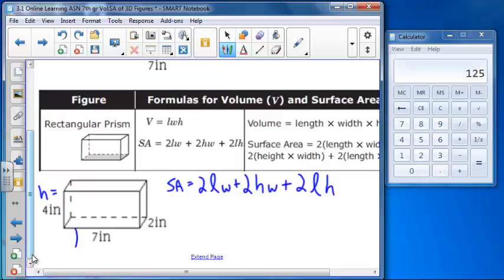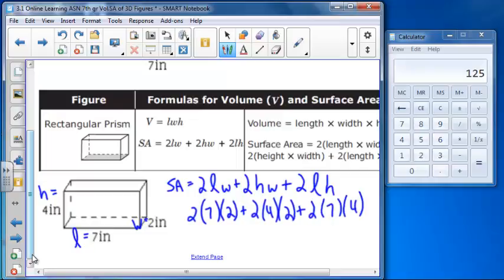So we'll say the height here equals 4, length equals 7, and the width is 2. So let's begin substituting. The length is 7, the width is 2. The height is 4, the width is 2, the length is 7, and the height is 4. 2 times 2 is 4, 4 times 7 is 28, 2 times 4 is 8, 8 times 2 is 16, 2 times 7 is 14, and 14 times 4 is 56.